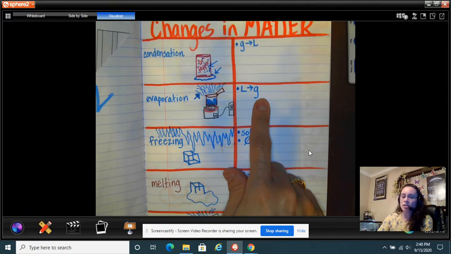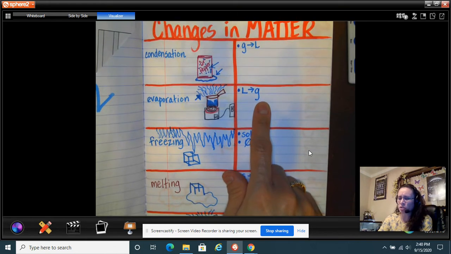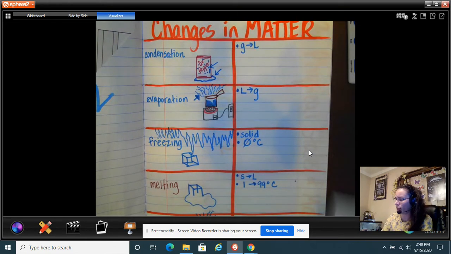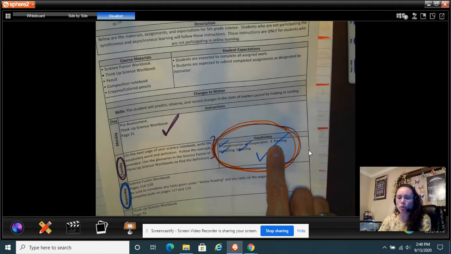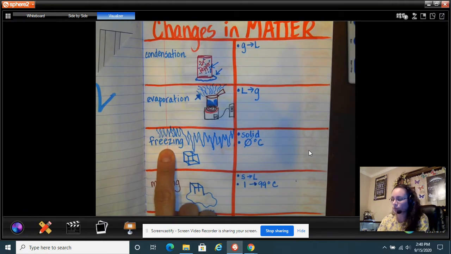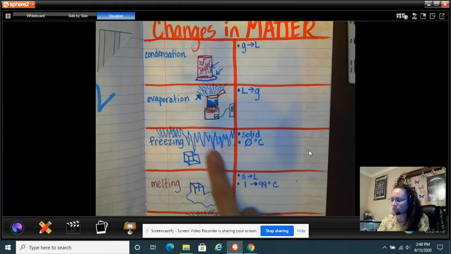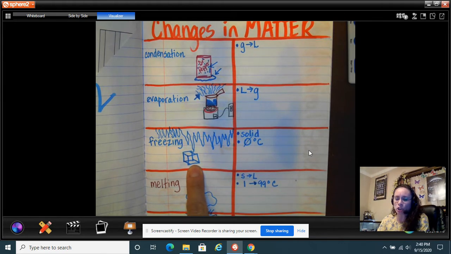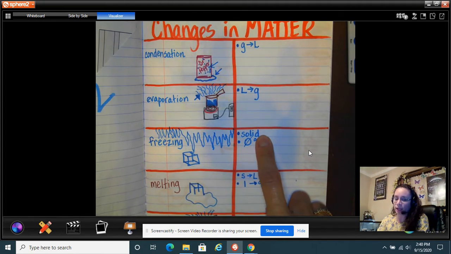My next word, and how do I know the next word is freezing? Because it says on my syllabus, number 3, freezing. So for freezing, I drew icicles and an ice cube. That's how I know that is freezing. I know it's a solid, and liquids or water freeze at 0 degrees Celsius.